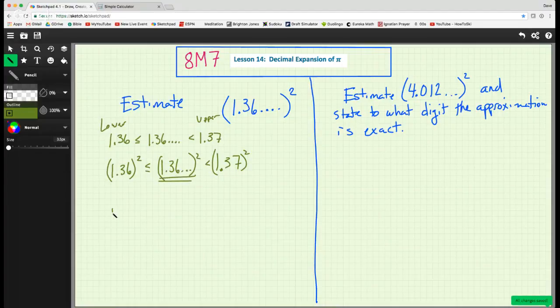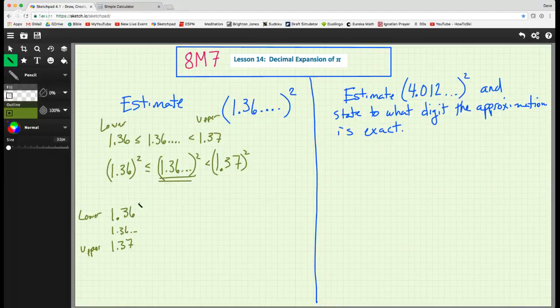So let's do this. Watch how I do this. 1.36 is the lower bound, 1.37 is the upper bound, and then 1.36 dot, dot, dot is the number itself.